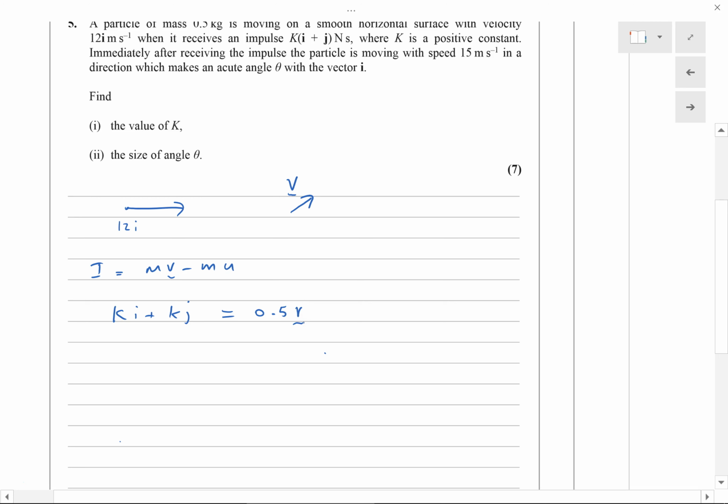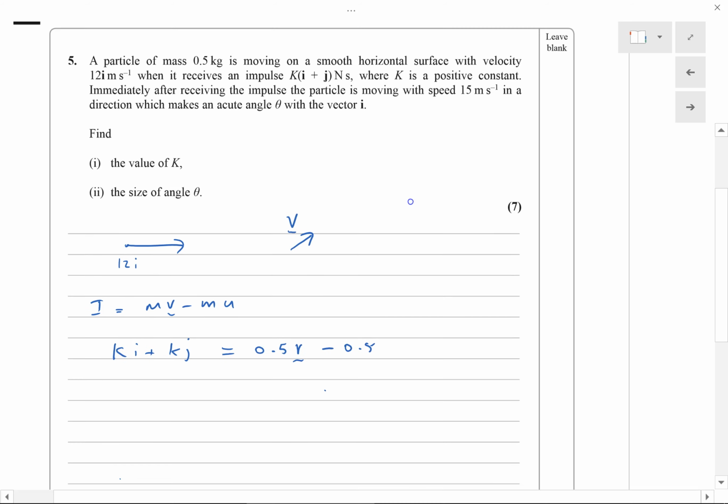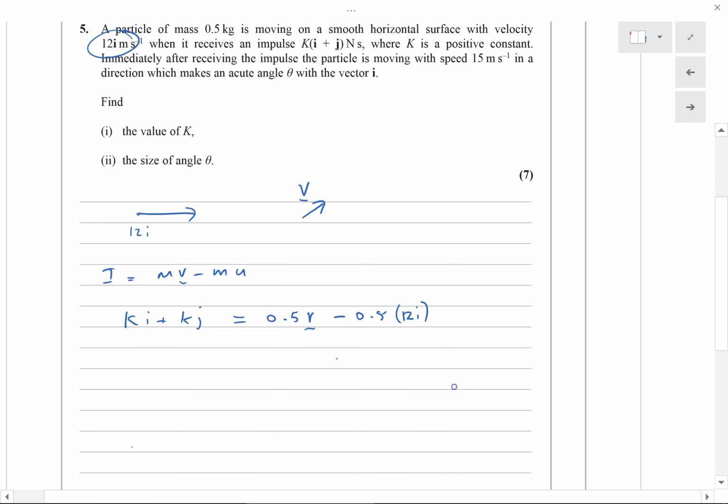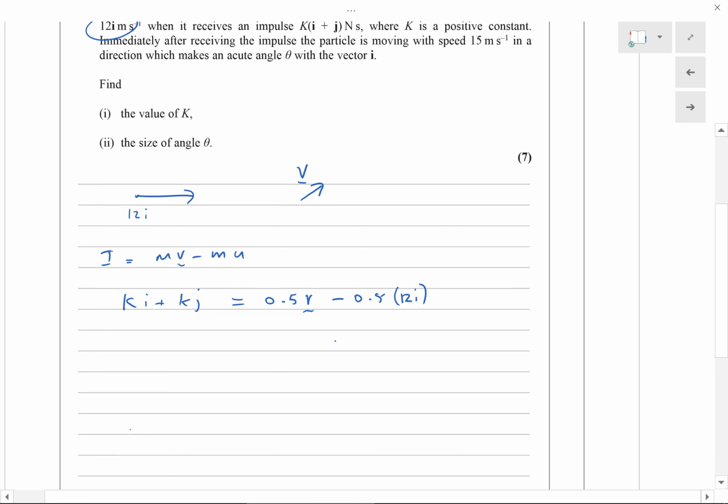It's not 15. The magnitude of it is 15, but we don't know the direction. Take away 0.5 times u, and u we do know the direction because it's 12i. You've got magnitude 12 as well because it's only going in the i direction.